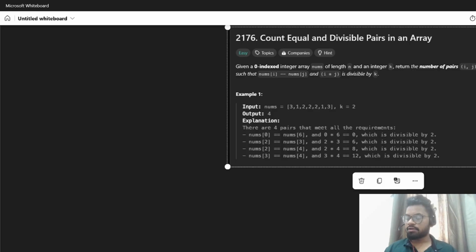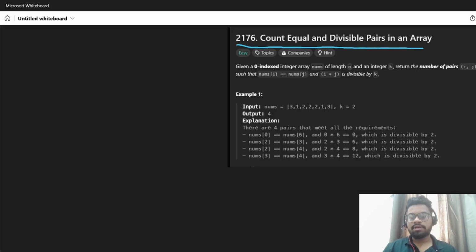So today we're going to discuss LeetCode problem of the day 2176, count equal and divisible pairs in an array. In that, you are given a zero-based index array of length n and an integer k. We need to return the number of pairs (i, j) where j should be greater than i, such that nums[i] should be equal to nums[j], and the product of the indices i and j should be divisible by k.